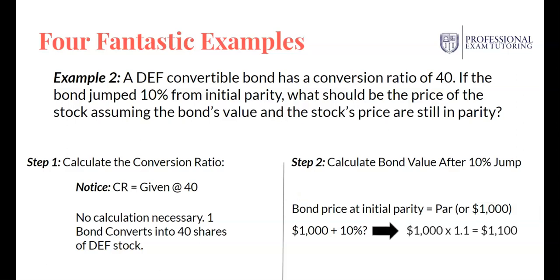So to calculate that, you can add 10% to the $1,000, and a simple mathematical way to do that is add 0.1 to 1 and multiply through by the number. So in this case, the number being $1,000, which is par value, times 1.1, which is adding 10% to it, that gets you $1,100.